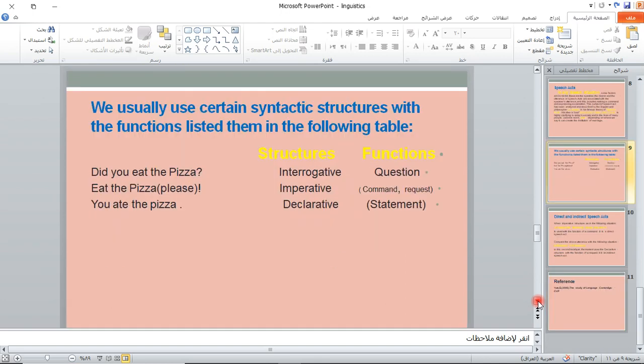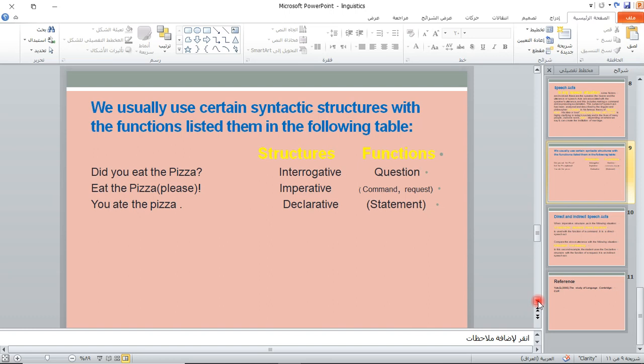We usually use certain syntactic structures with functions, listed in the following table. In English we can classify sentences according to structure, الشكل, the form, and function, or act, الوظيفة. For example, "Did you eat the pizza?"